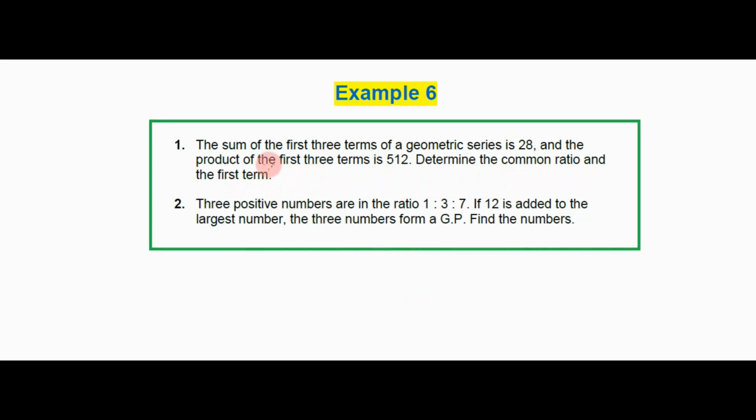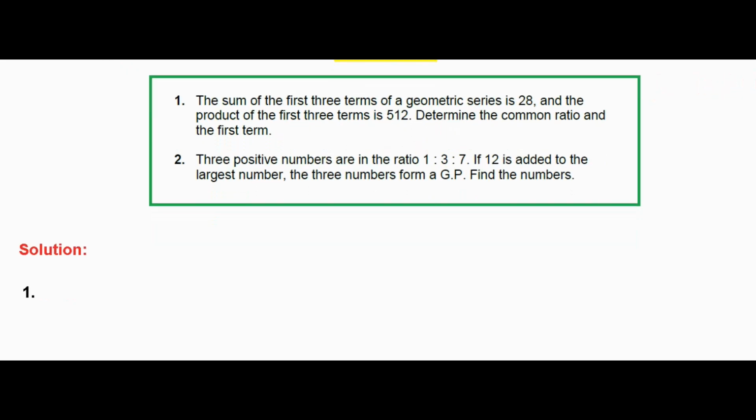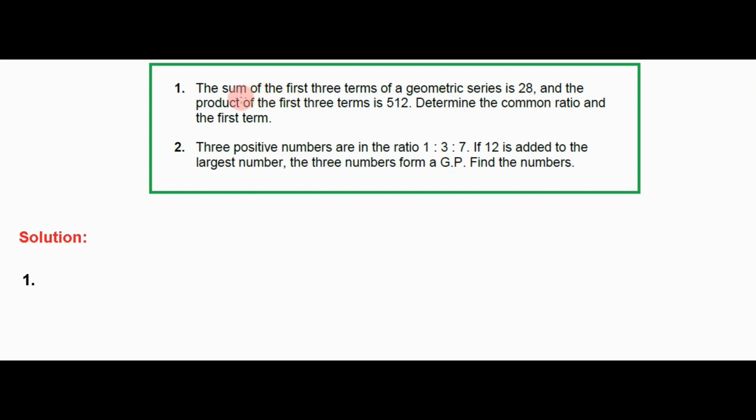So let's look at the solution to this question or problem. We're going to convert the information given into equations. The first bit of information says the sum of the first three terms of a geometric series is 28. So we can write that S sub 3 equals 28.